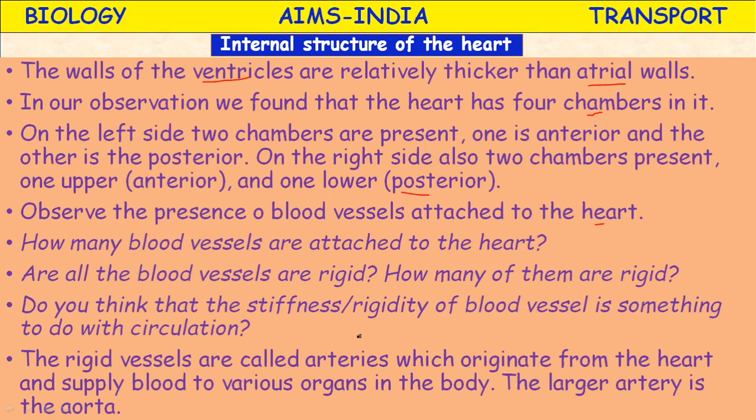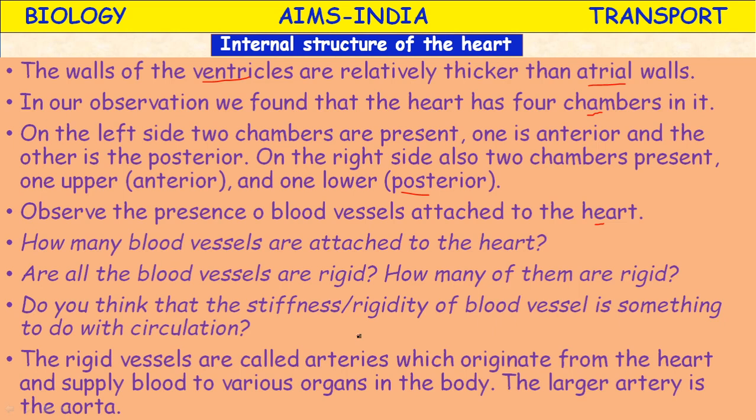Rigid means very strong. The main blood vessels which are rigid are arteries, because arteries carry the blood far away from the heart. Aorta is the biggest and the strongest artery. Do you think the stiffness, rigidity of a blood vessel has something to do with circulation?